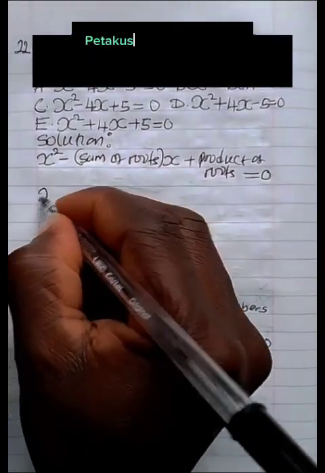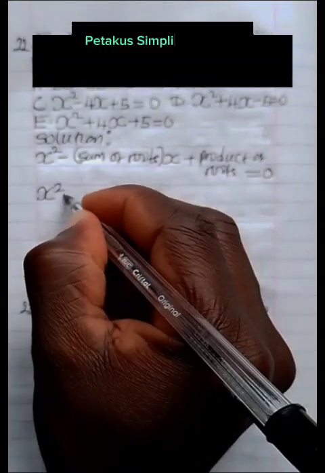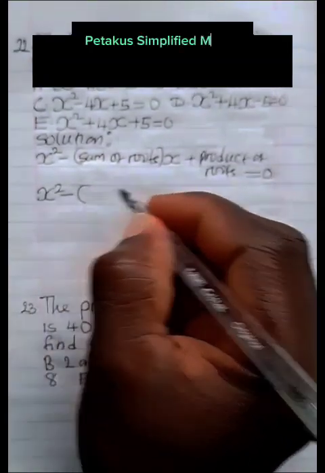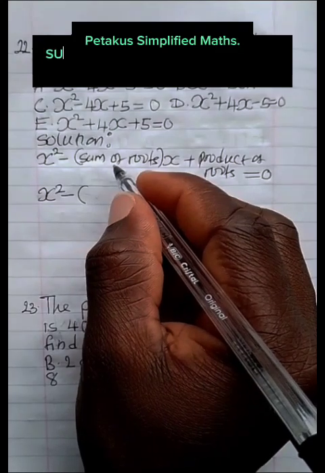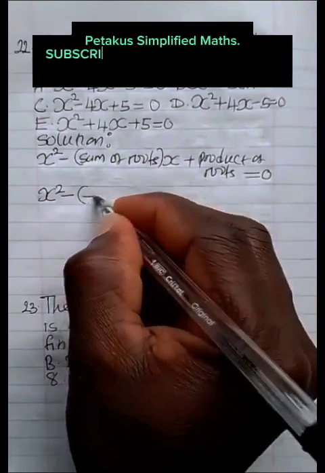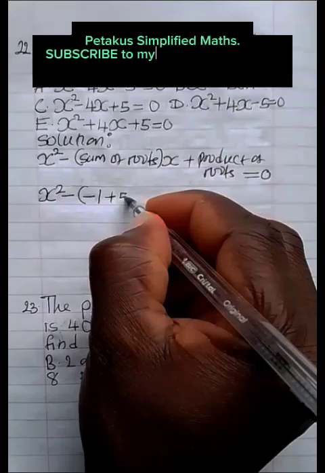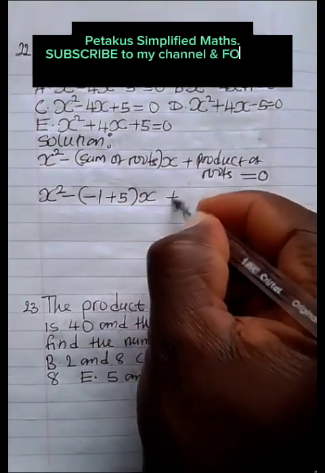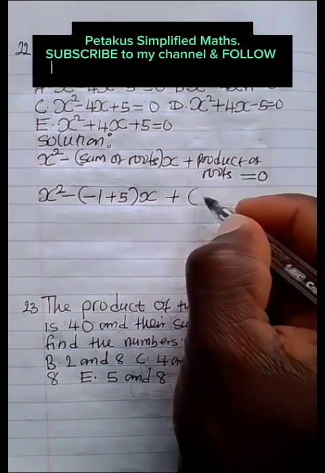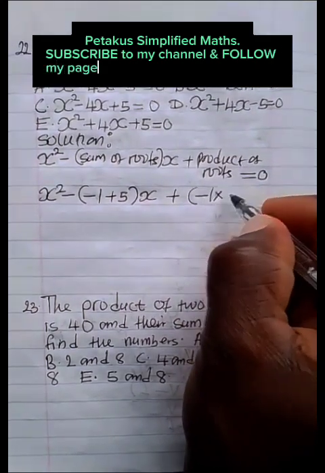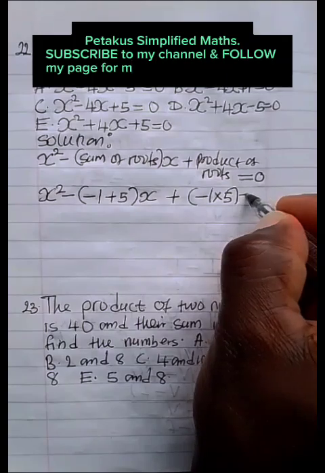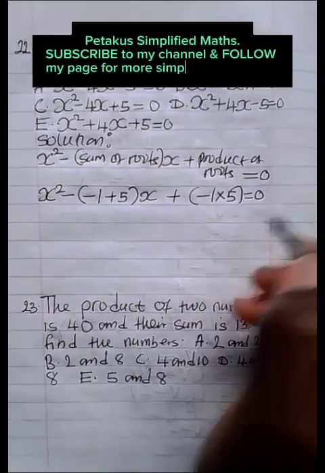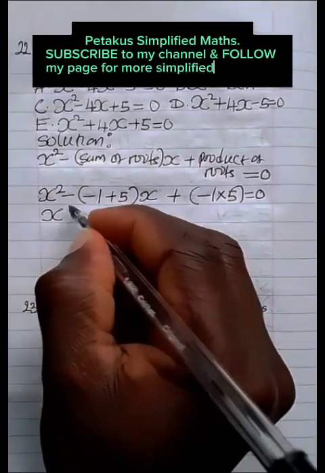So we have S squared minus, open bracket, sum means addition, so we have minus 1 plus 5, times S, plus product means minus 1 times 5, equal to 0.